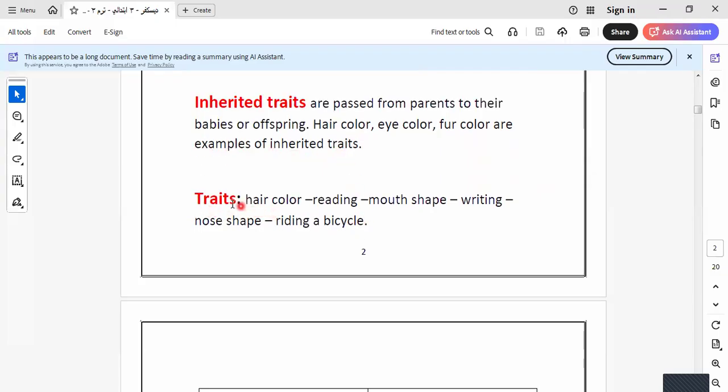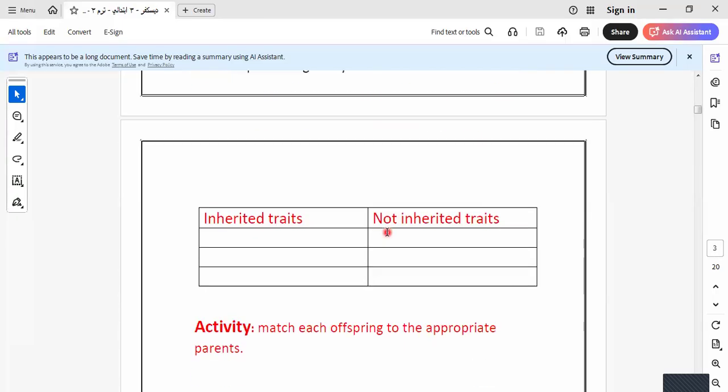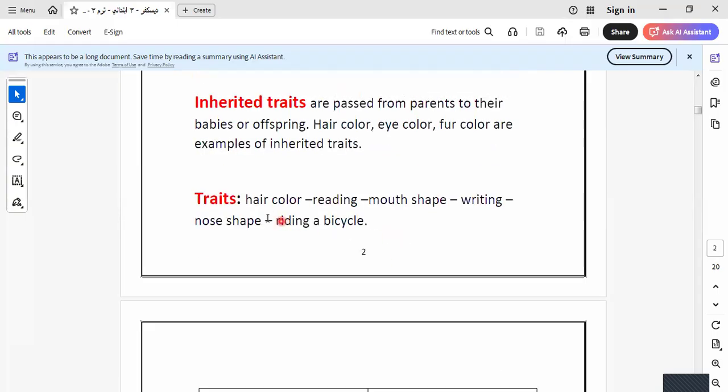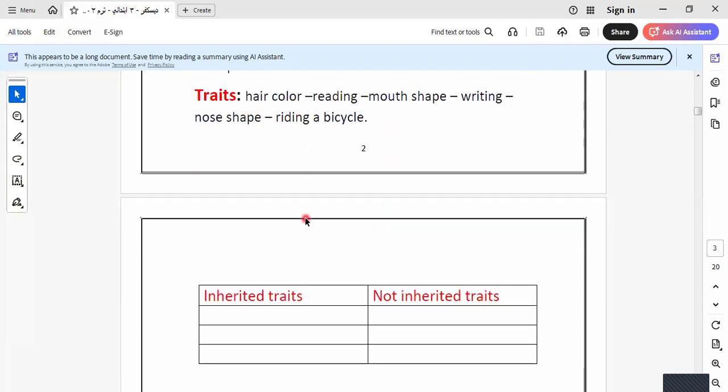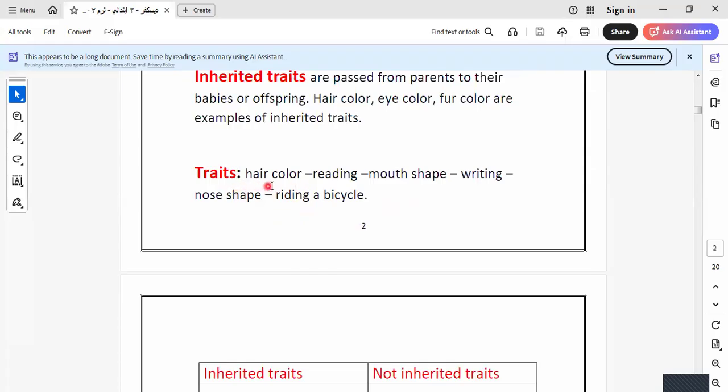Traits here means hair color, reading, mouth shape, writing, nose shape, riding a bicycle. So here we have traits that must be transported from the person: hair color, mouth shape, and nose shape.